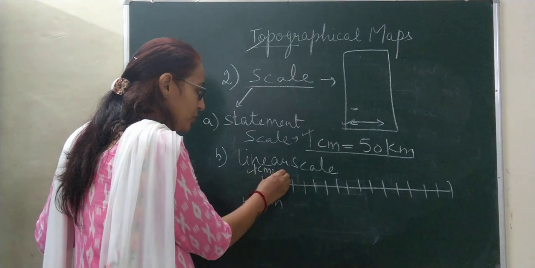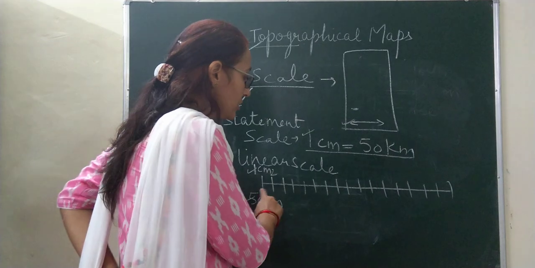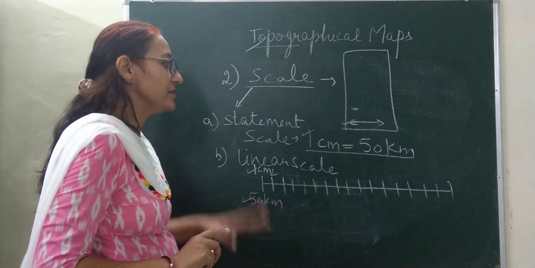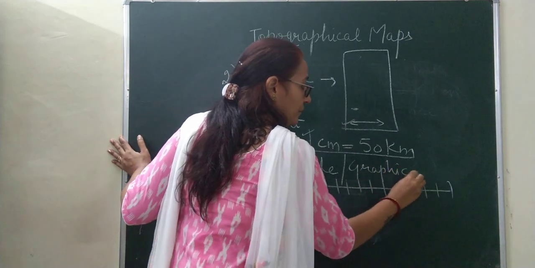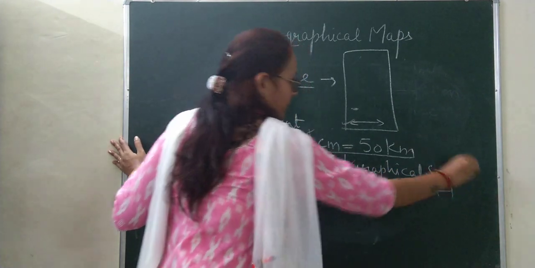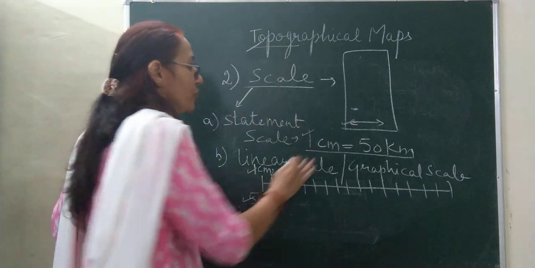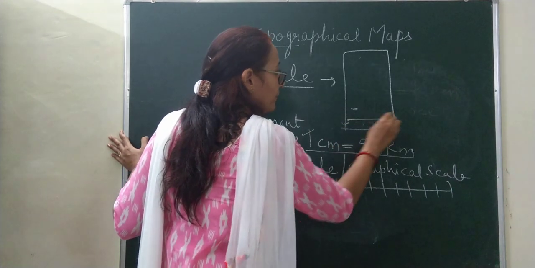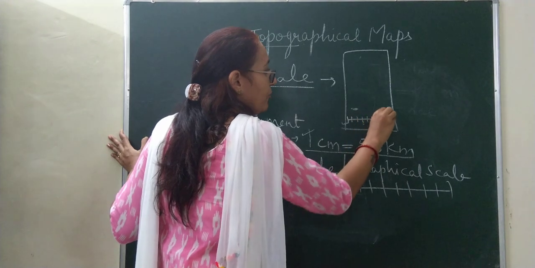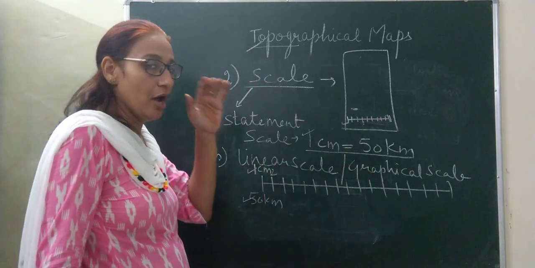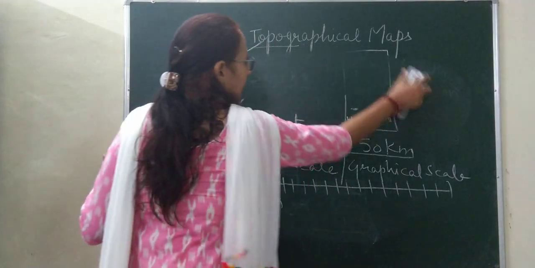In the same way, 2 centimeters on map represent 100 kilometers on ground. So this is the way to represent the linear scale or graphical scale. When you check your map, you will find this type of linear scale given in your book.